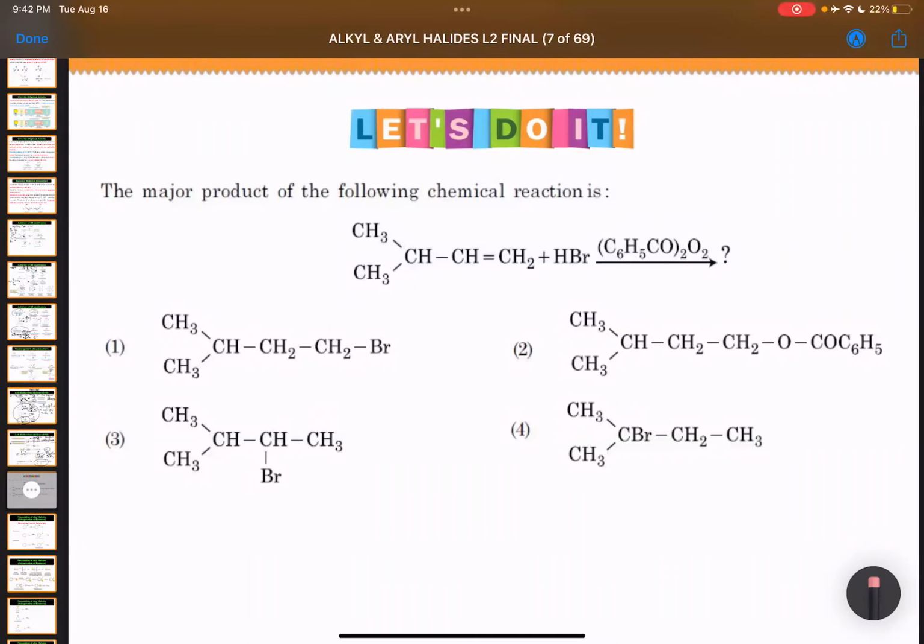Yeah, this is anti-Markovnikov addition of HBr because peroxide is taken. So normal addition is rich gets richer. This was the normal Markovnikov addition. Markovnikov addition occurs if you take only HBr.